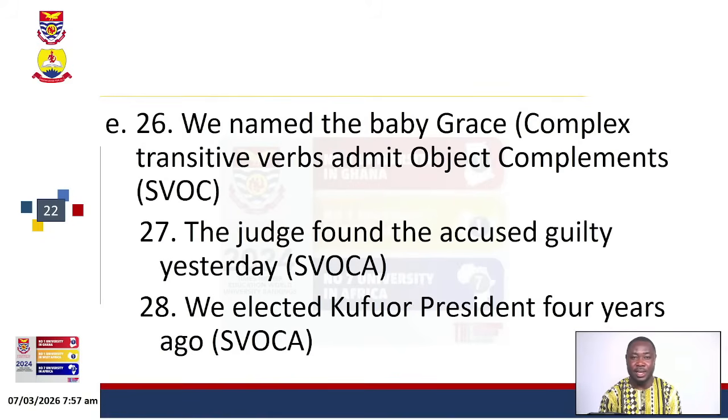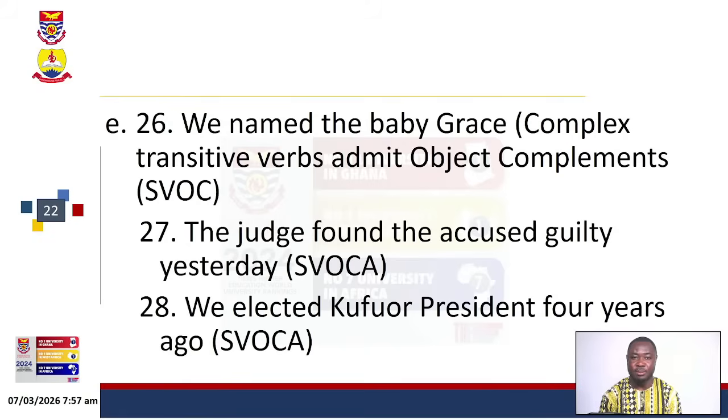In another example, "We elected Kufuor president four years ago." In fact, what it means is that this was written not four years ago; Kufuor was elected so many years ago, right? Good. But in this example, a typical example of what we are talking about, we have subject, verb, object, complement, adjunct.